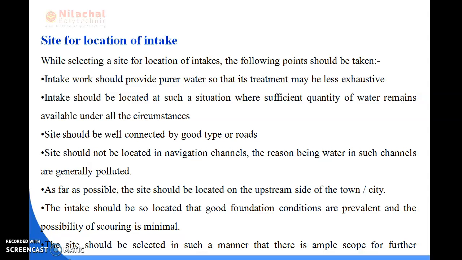It should not be located in the navigation channel, and it should be located on the upstream side of the city, in good foundation conditions where it is prevalent, and it should be selected in such a manner that we can expand in the future. Okay, so here you can say that it is the site for the location of the intake. We have to follow these points.